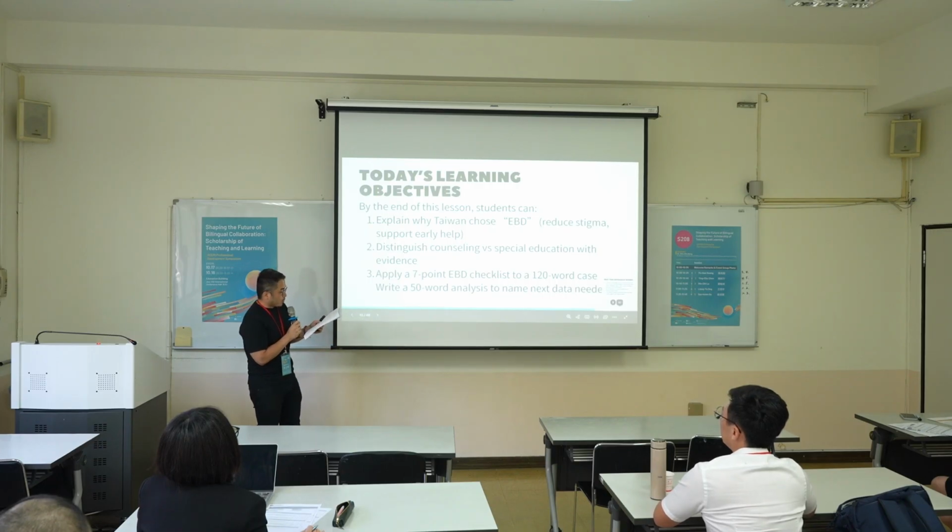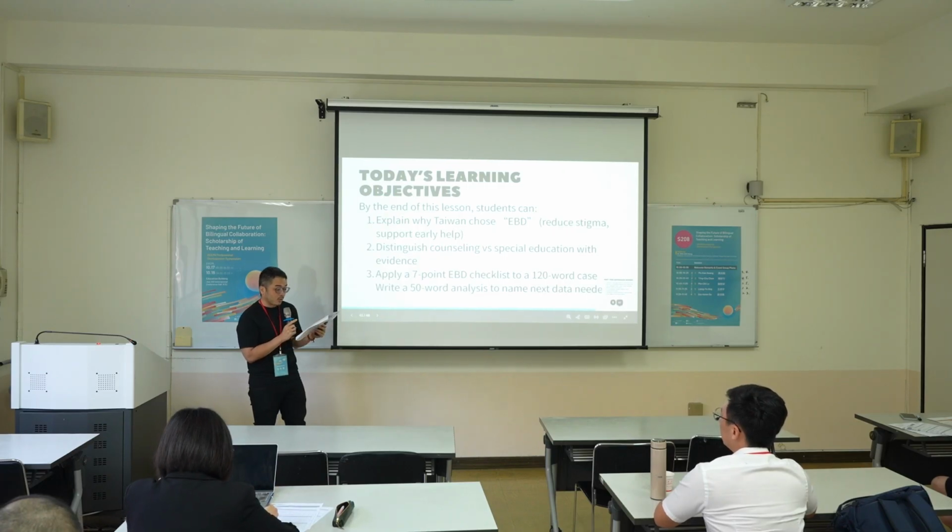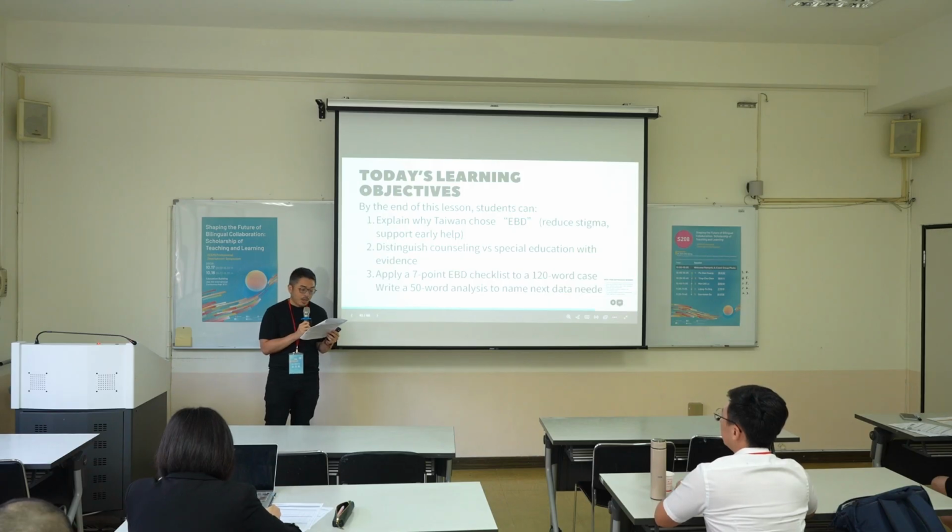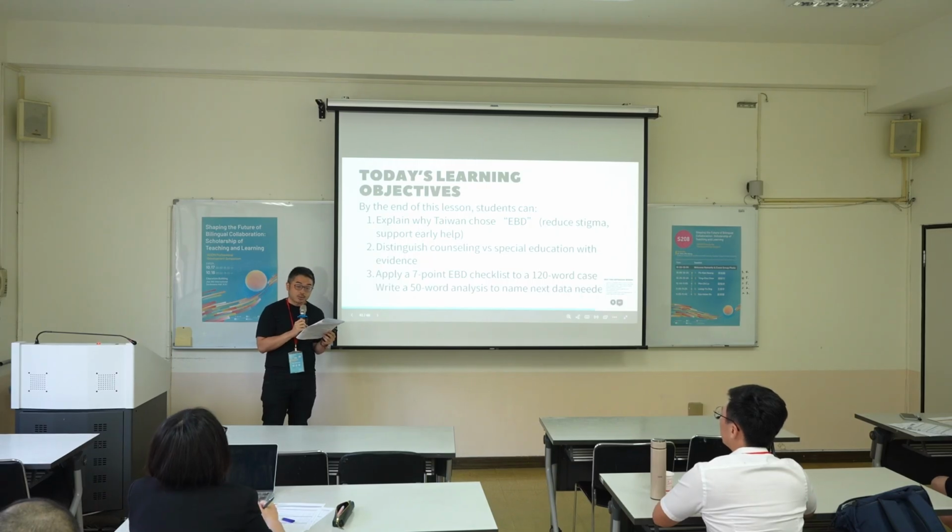Third, they will be able to apply knowledge by analyzing the case study. We will explore Taiwan's 7 core criteria for identifying EBD, and students will use a 7-point checklist to analyze a 120-word case, identifying missing information or data gaps, and write a 50-word analytical statement.